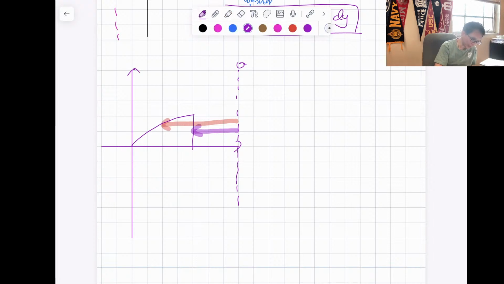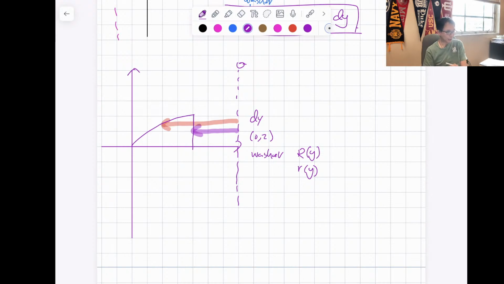I know that this is dy, and it's gonna be from 0 to 2. I know that if it's a washer, it has a big R of y and small r of y.